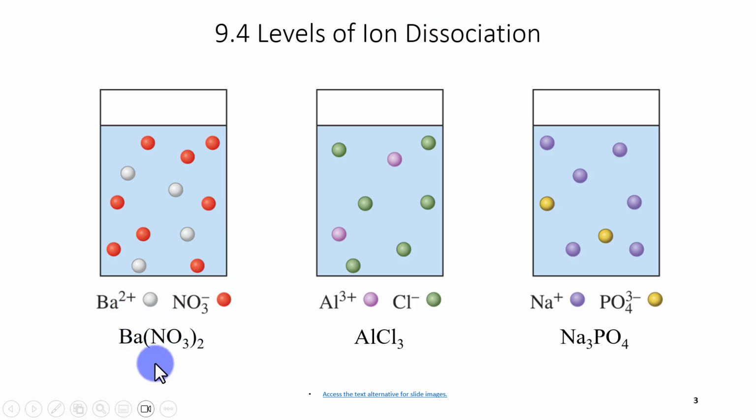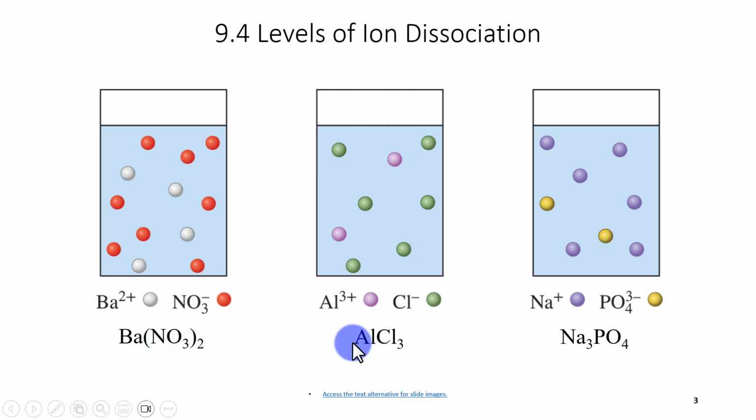Let's take a look at barium nitrate. For every barium nitrate molecule, I will have one barium, but I will have two nitrate ions. So I'll have a total of 3 ions in solution for every molecule of barium nitrate.